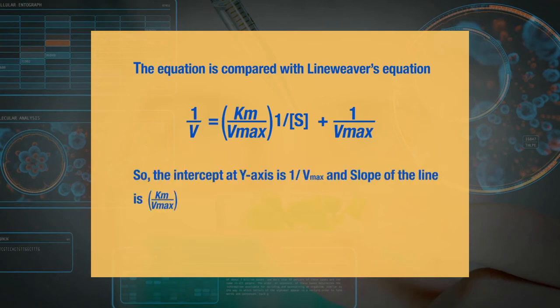So, the intercept at y-axis is 1 by Vmax and slope of the line is Km divided by Vmax. Therefore, Vmax is equal to 0.0534 millimoles per minute and Km is equal to 906.19 millimoles.